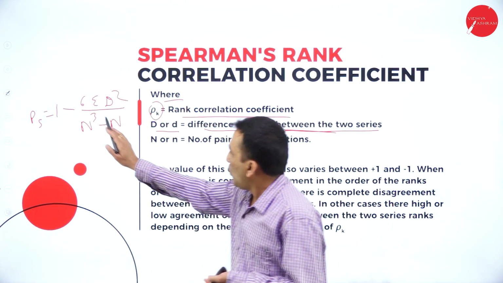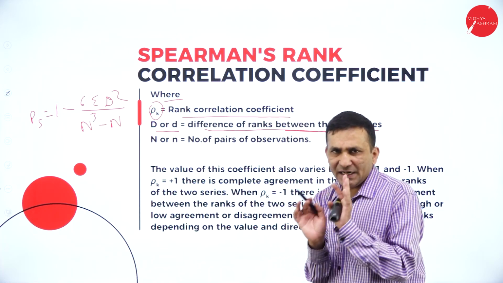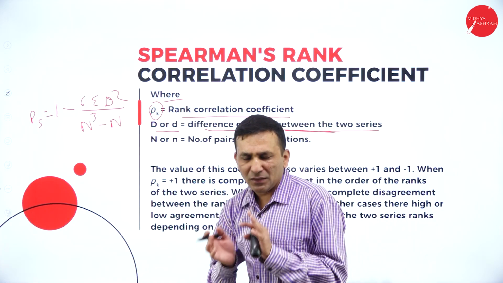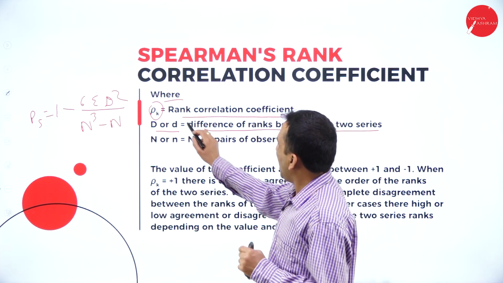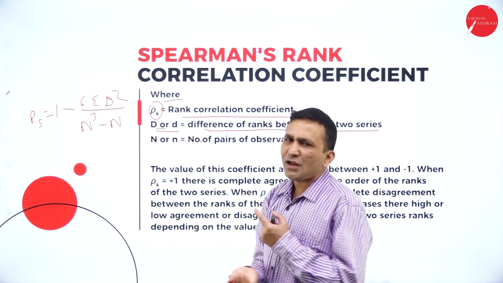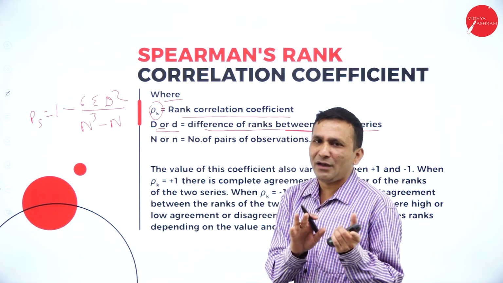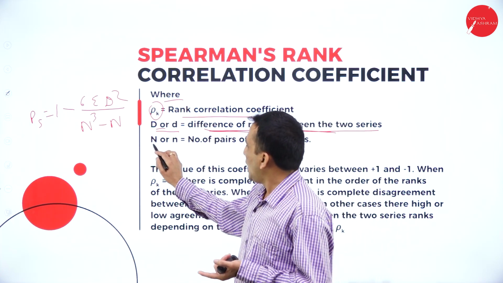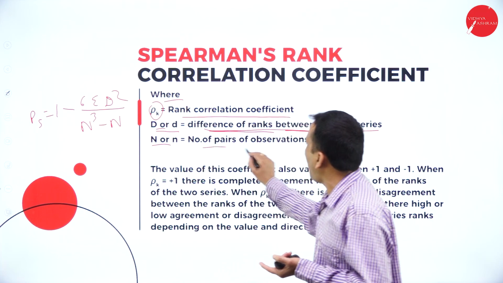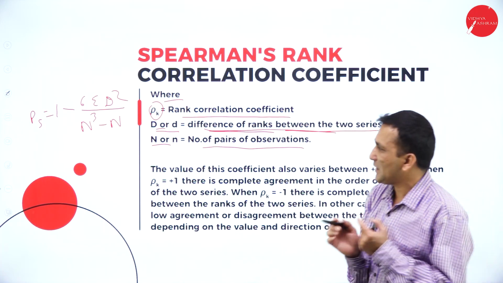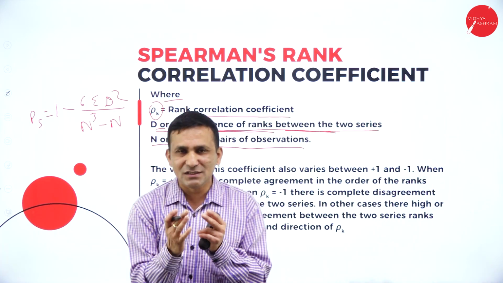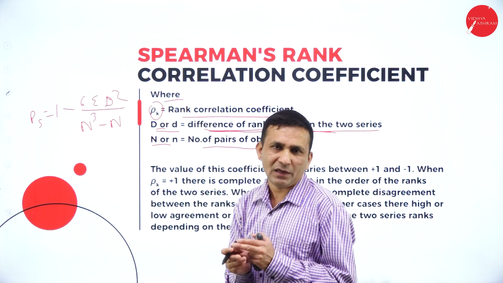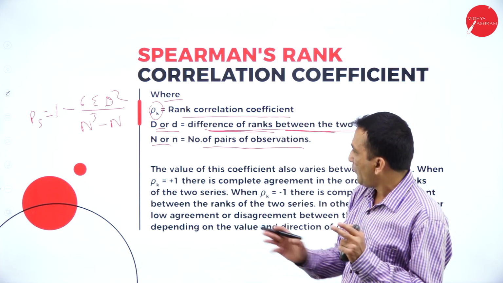Either a small letter or capital letter, no problem, but we are finding a difference. N is nothing but the number of pairs of observations. For example, X series and Y series, whatever is there for the correlation, so we go for the pairs.